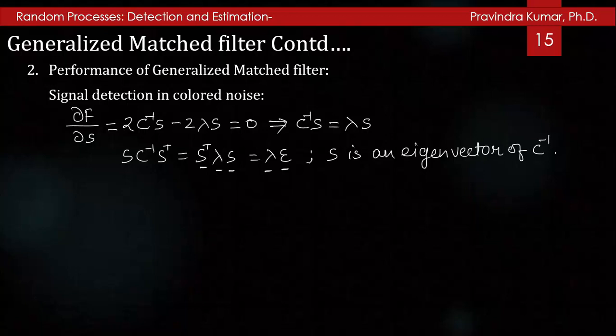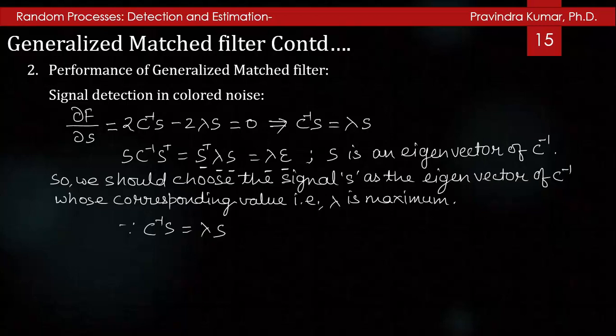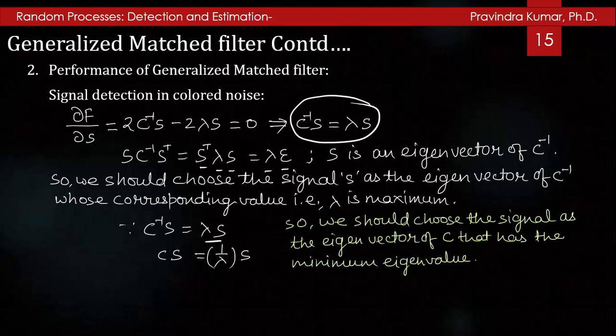So we should choose the signal S as the eigenvector of C inverse whose corresponding eigenvalue, that is lambda, is the maximum. Alternately, since C inverse S is equal to lambda S, we get C S equal to 1 by lambda S. So we should choose the signal as the eigenvector of C that has the minimum eigenvalue.